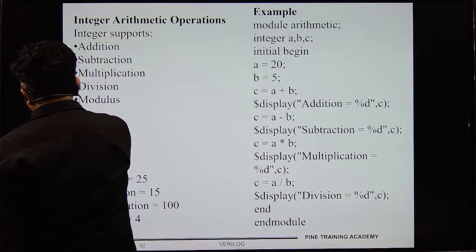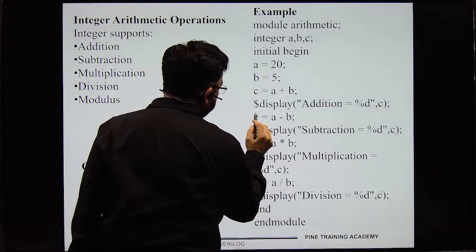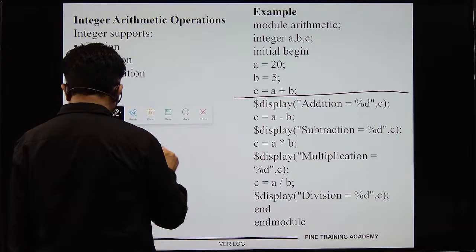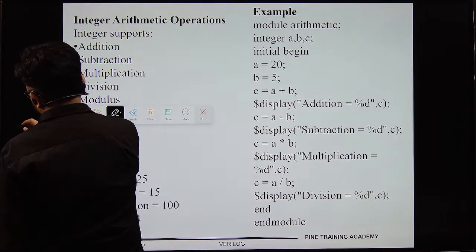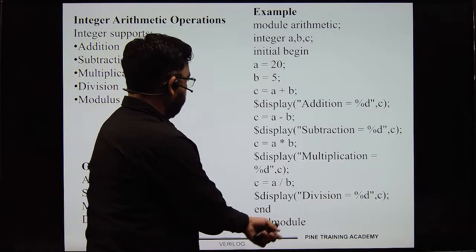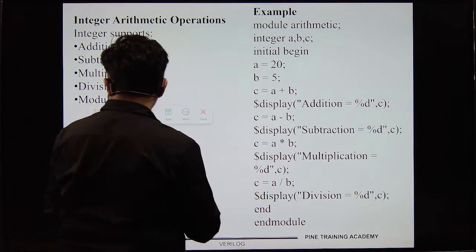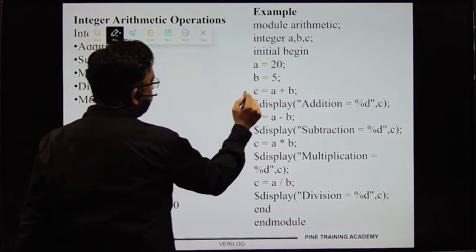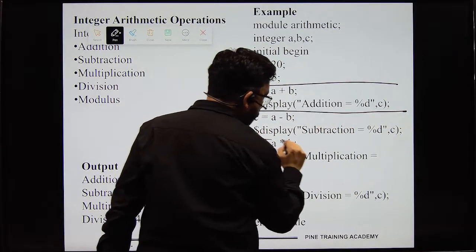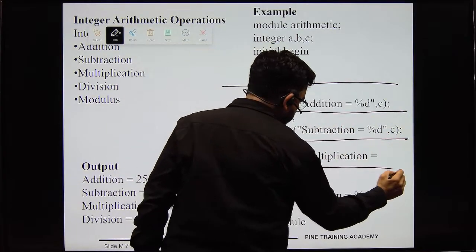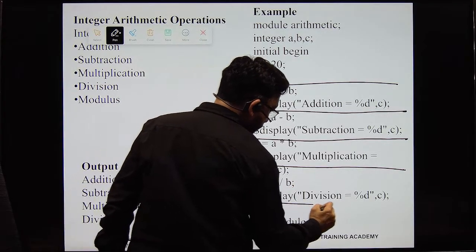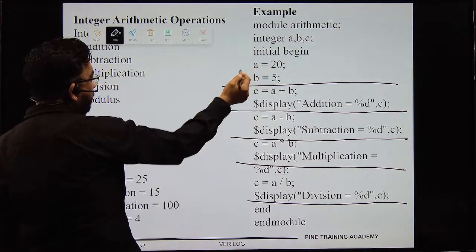So this is operation 1, 2, 3, and this is 4. A is 20, B is 5.